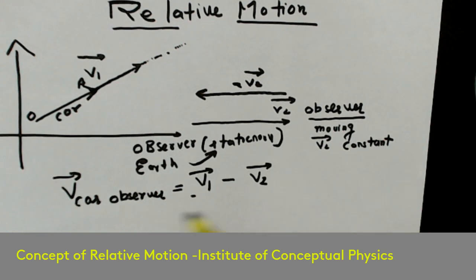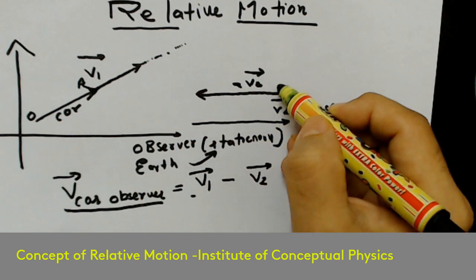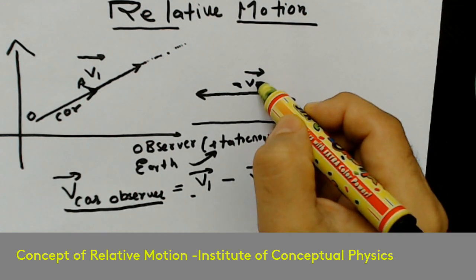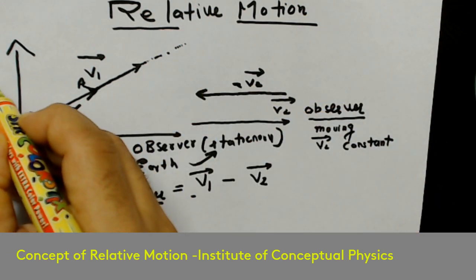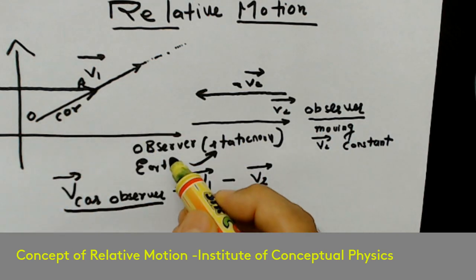And now, since you're interested in finding this expression, you really want to know what is the relative velocity of the car as seen by the moving observer. What you do is you bring this vector, which you have just inverted, the velocity vector of the observer, which is now shown in the reverse direction, and connect it to the velocity vector of the car.